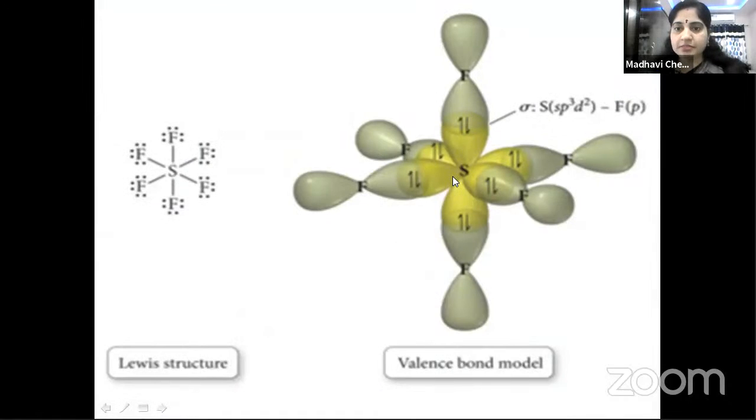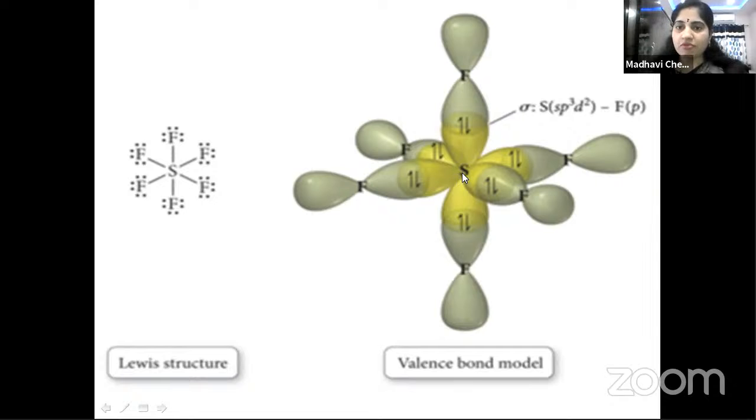See how many sp3d2 hybrid orbitals are there? 1, 2, 3, 4, 5, 6. So sulfur undergoes sp3d2 hybridization and forms how many sp3d2 hybrid orbitals? 6 sp3d2 hybrid orbitals. Now coming to the fluorine. In SF6, a total of 6 fluorines are there.